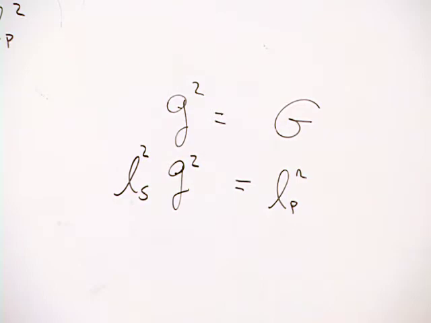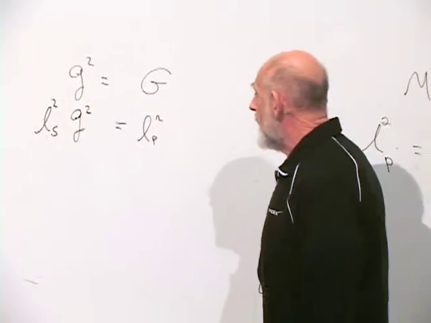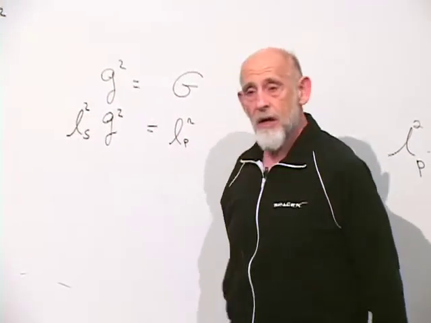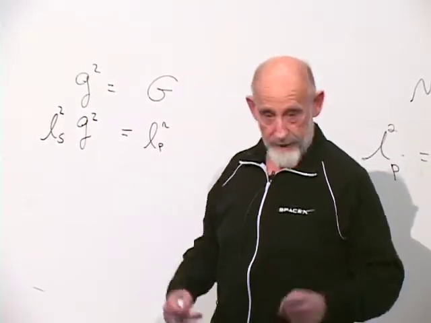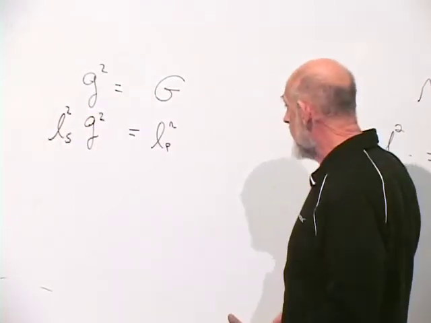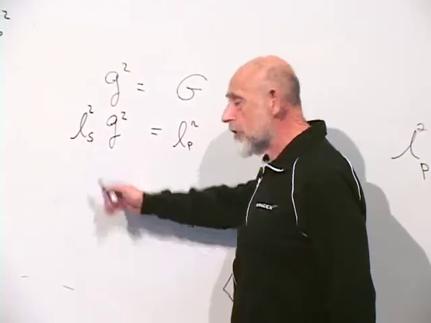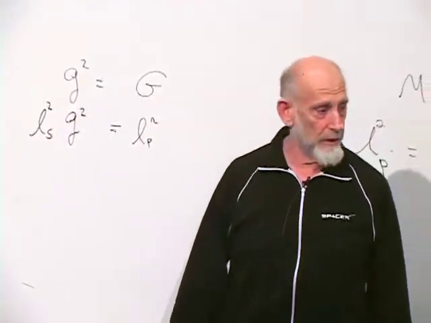Now just think about what that means. That means that if little g were tiny, gravity would be very weak, and it would tell us that the Planck length was much, much smaller than the string length.